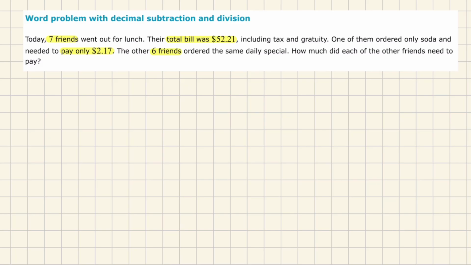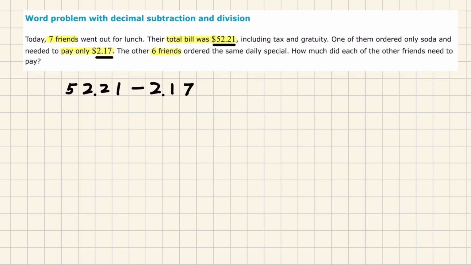And from the description, we know that we're using both subtraction and division. And the first thing that we need to do is subtract out that one friend who is going to pay $2.17. So the total for the remaining 6 friends will be the total, which is $52.21, minus the soda, which is $2.17.